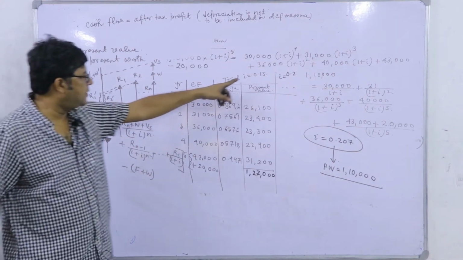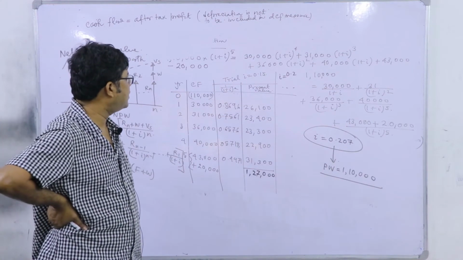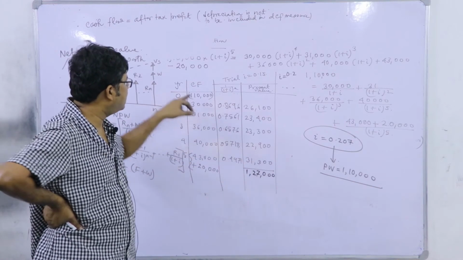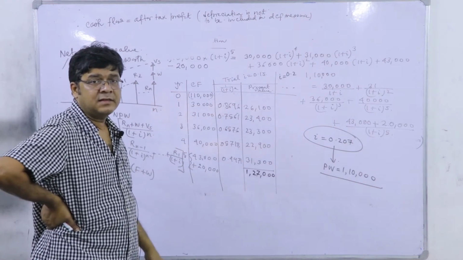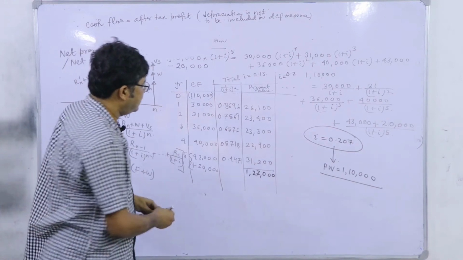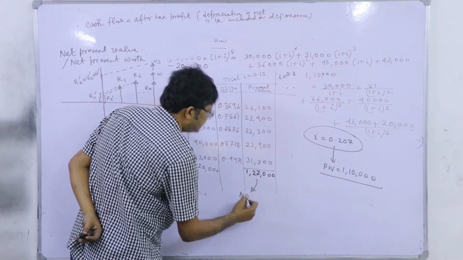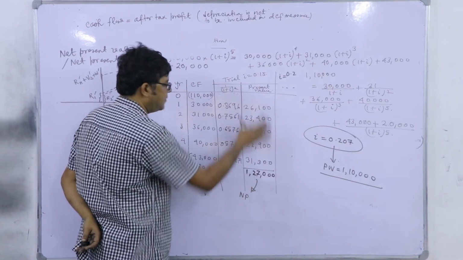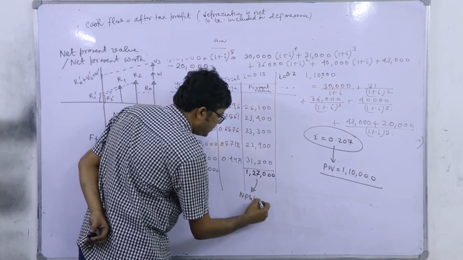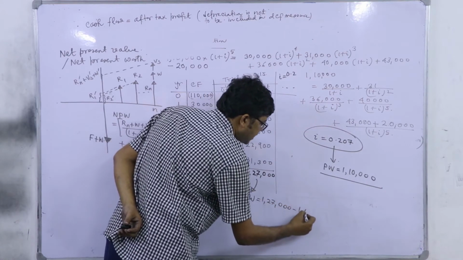Just like the net present worth for a bank interest rate I equal to 0.25 will be 1,27,000 minus 1,10,000. It is coming to be 17,000. So net present value is this present value minus the initial investment. Net present worth is 1,27,000 minus 1,10,000.